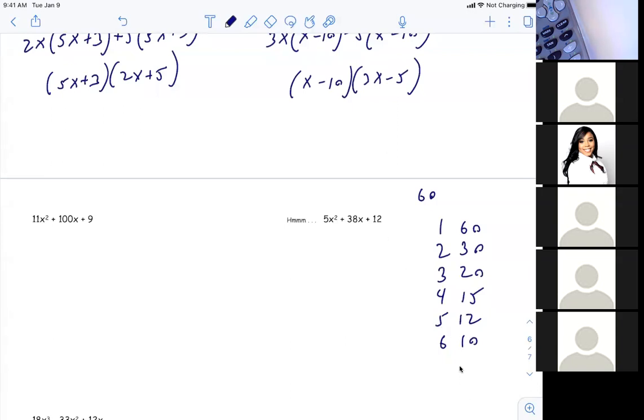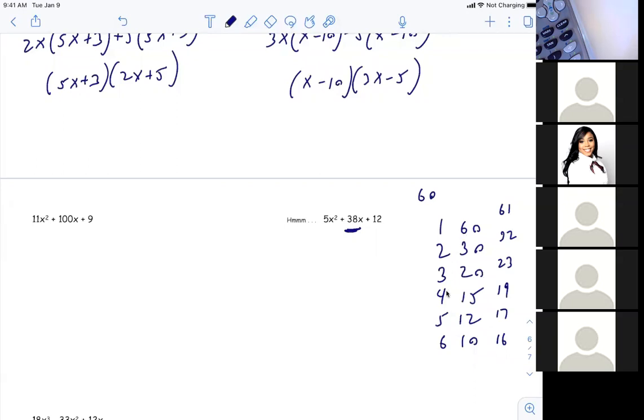It starts to just reverse order. This is the complete list, right? So these add up to 61, 32, 23, 19, 17, 16. We don't see 38 anywhere.